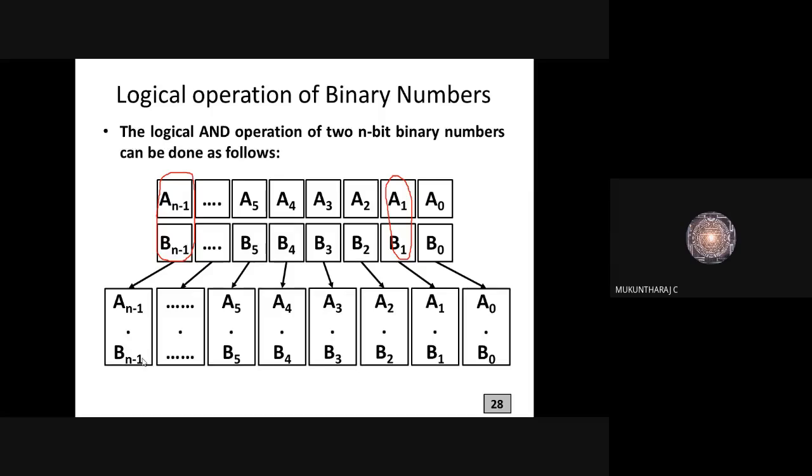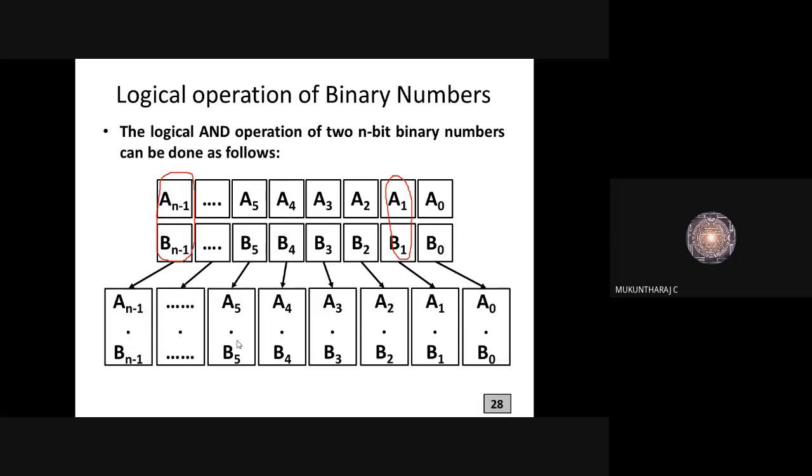Likewise, n-bit binary numbers can be considered for logical operations. When you are considering n-bit binary numbers, we have to do bitwise logical operations like this: A0 AND with B0, A1 AND with B1, A2 AND with B2, A3 AND with B3, A4 AND with B4, A5 AND with B5, similarly A n minus 1 AND with B n minus 1.